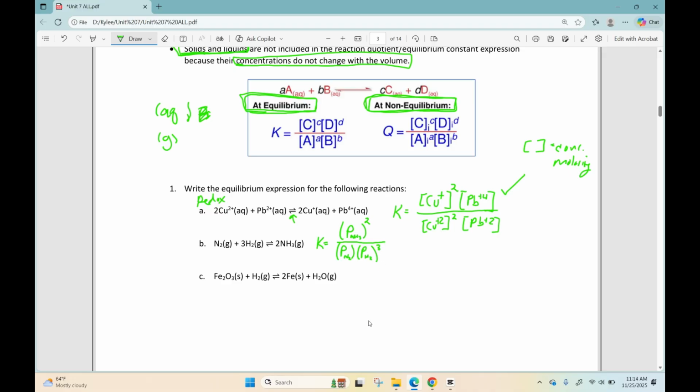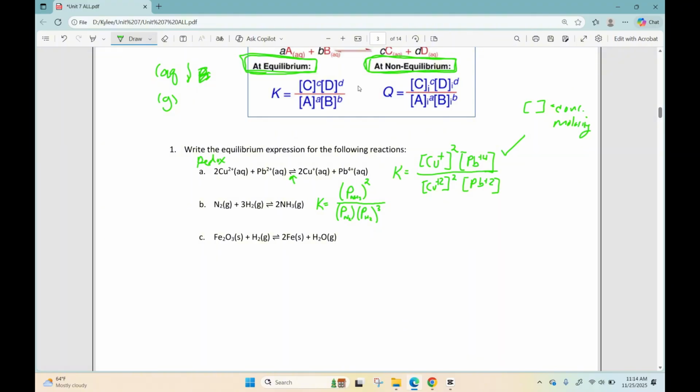The next example we have to be careful with because it contains solids. When a reaction contains solid particles, we do not include them in our equilibrium expression. Remember, it's solids and pure liquids that do not get included.